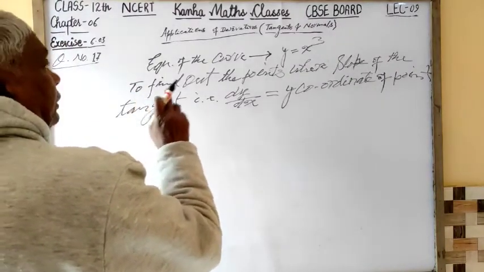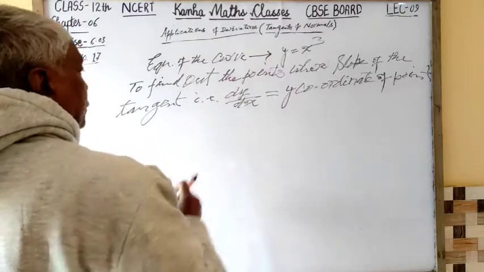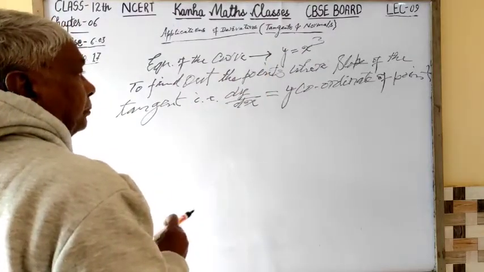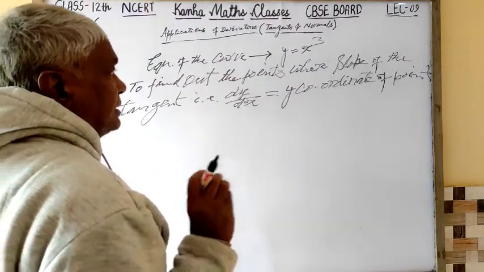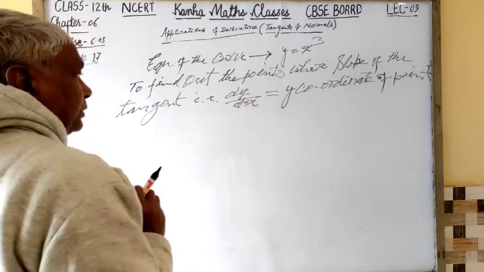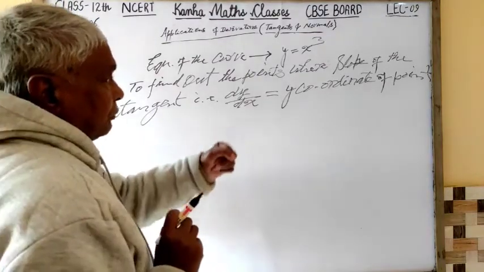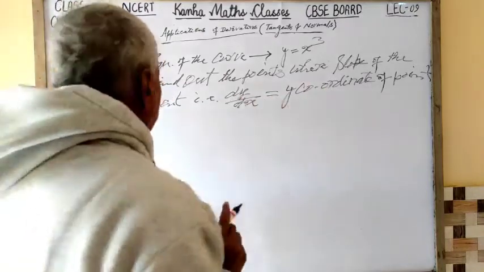Here you have been given the equation of the curve, that is y equal to x cube, and you have to find out the points where the slope of the curve, that is dy by dx, is equal to the y coordinate of the point.